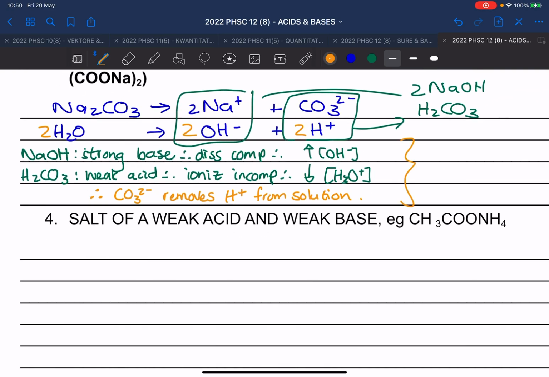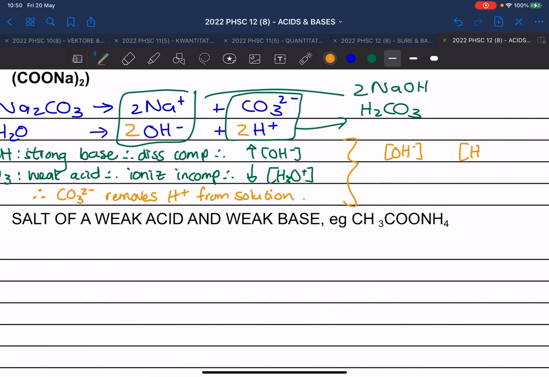So that means if we compare these two concentrations with one another, which concentration will be greater, Lepelo? Yes, Tiamo? Okay, Tiamo, but I have a question for you. So where will the pH be?